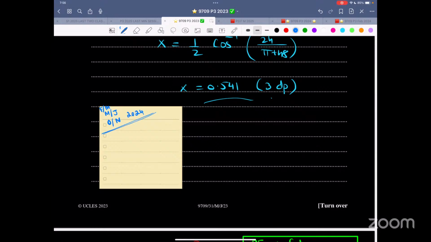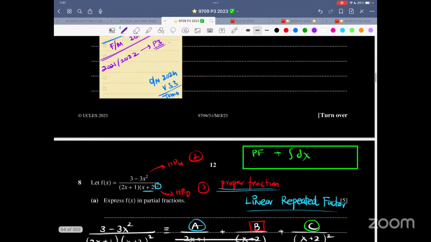I think one variant is left. October, November 2024 variant 33 will be uploaded tomorrow. I also solved February, March 2025 today. So that is more than enough past papers. Of course, there are also older versions, some from 2021 or maybe 2022, and those are also available there.